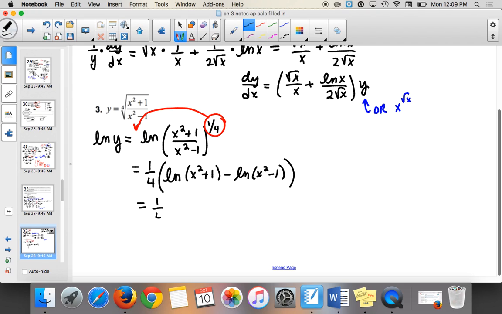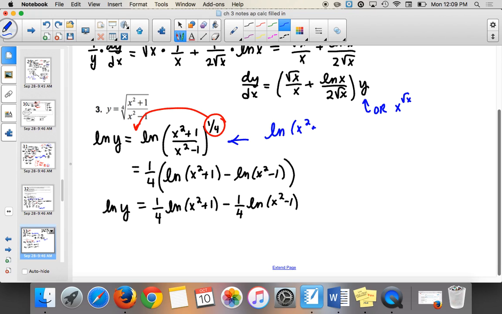So it's the same as 1/4 natural log of x squared plus 1 minus 1/4 natural log of x squared minus 1. So that's what I was saying here. You could have written natural log of x squared plus 1 to the 1/4, x squared minus 1 to the 1/4. You could bring the 1/4 into both of them, and then it would end up being the same thing. So don't worry about which way you did it. It's the same.